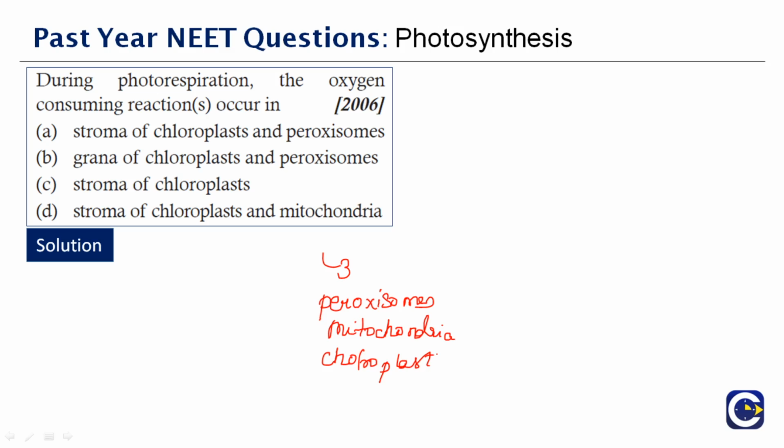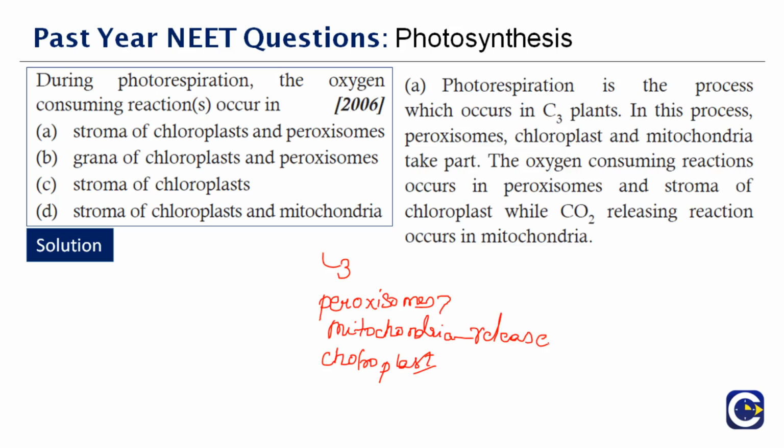The oxygen consuming reaction occurs in the peroxisomes and stroma of chloroplast, while carbon dioxide releasing reaction will take place in the mitochondria. So these peroxisome and chloroplast will consume, while mitochondria will release. Therefore, the correct answer to this question is option A, stroma of chloroplast and peroxisomes.